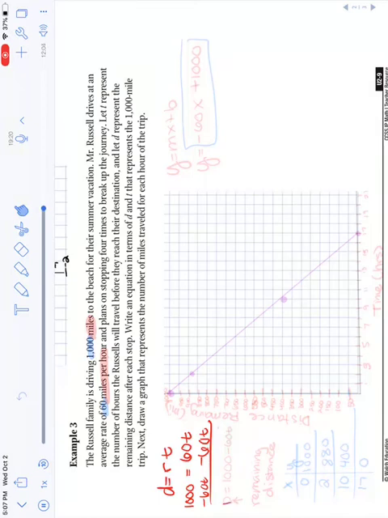The distance remaining, so I'm going to use a capital D, is going to equal what we started off with, 1,000 minus 60T. Because if I'm traveling 60 miles per hour, after 1 hour we traveled 60 miles. After 2 hours we traveled 120, and so on. So this just represents the remaining distance.